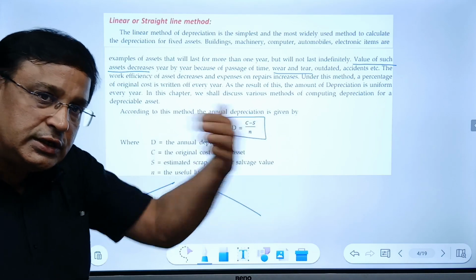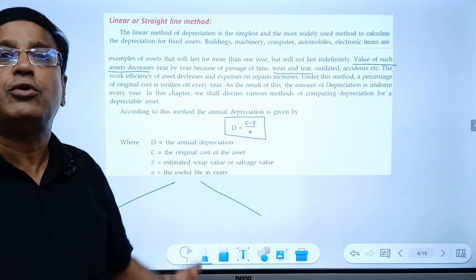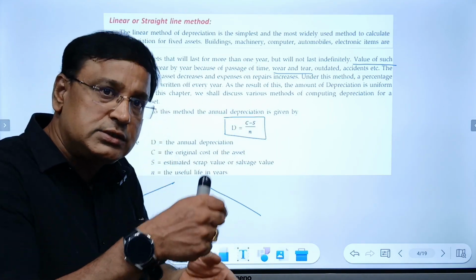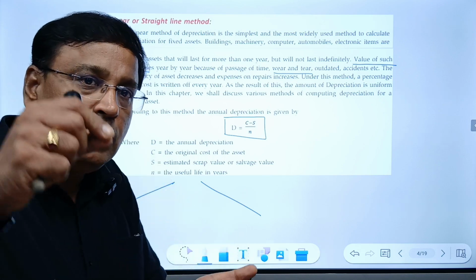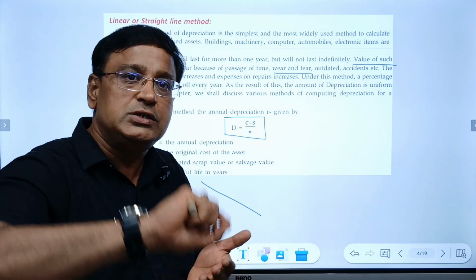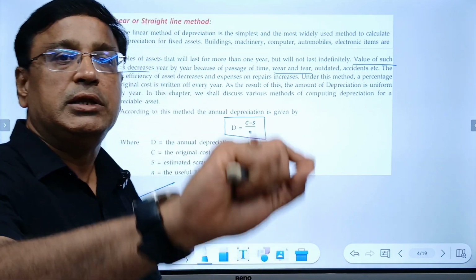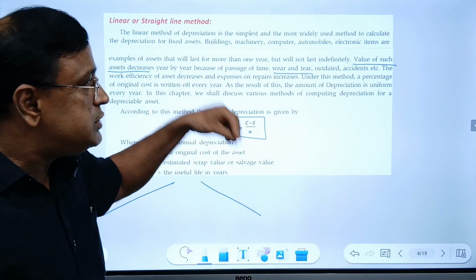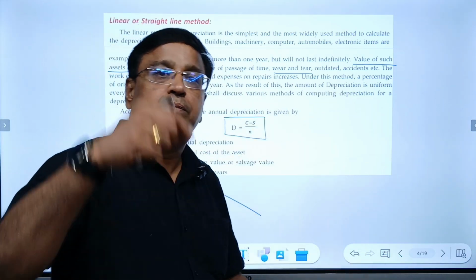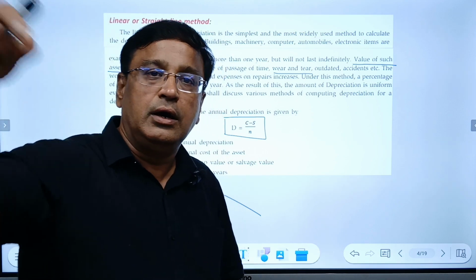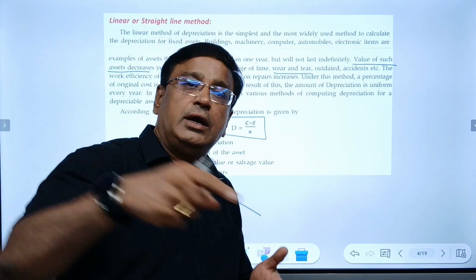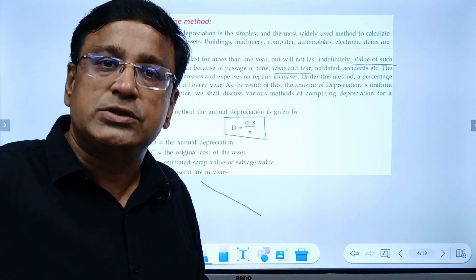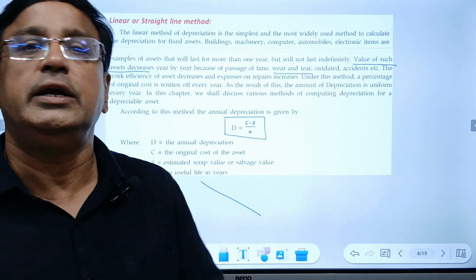Every year there's a decrease in the worth of that product, and that decrease is uniform. If you plot them, you should get a straight line. That is why they say it's a linear method, otherwise called the straight line method. If you plot the point for every year and the value of the asset, and connect them, you'll get a straight line. That is why it's called the linear method.